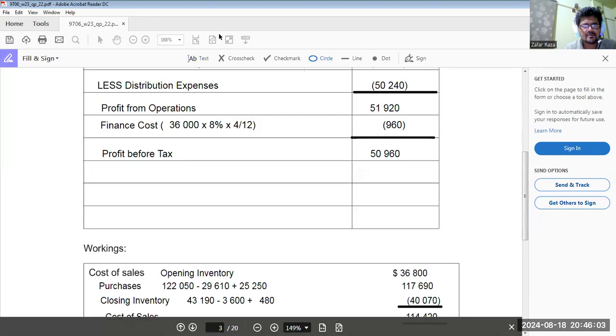Taxation, 10,700 in the bracket. And we'll get here what we required: 50,960 minus 10,700 is 40,260.